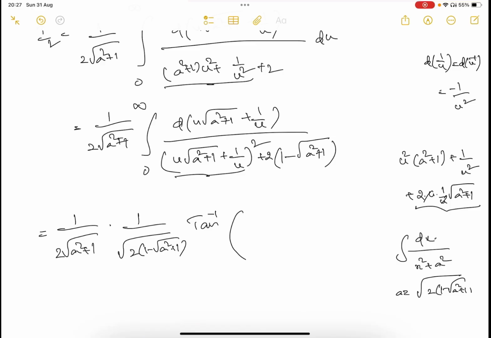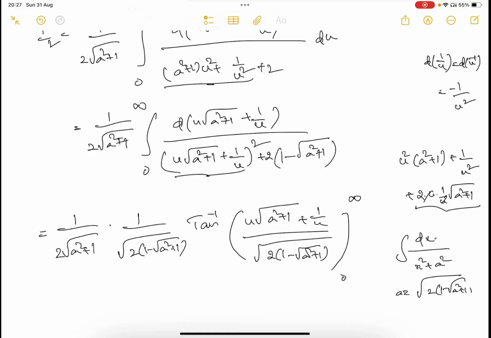Here x is u into root of a square plus 1 plus 1 by u, by root of 2 into 1 minus root of a square plus 1. And the integral limits are 0 to infinity.